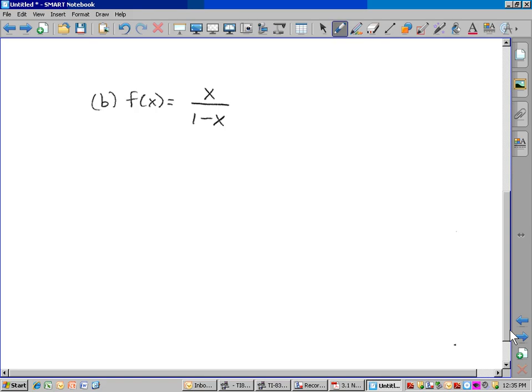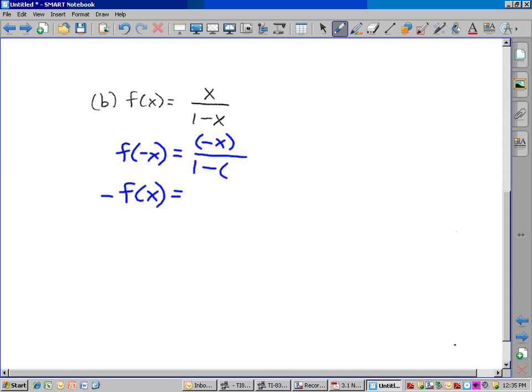Here's another function. Again, we will test f of negative x and negative f of x. Everywhere we have an x, we're going to replace it with a negative x. So this x becomes a negative x.